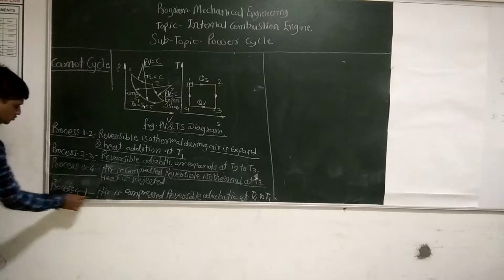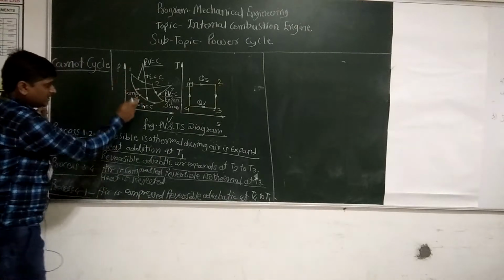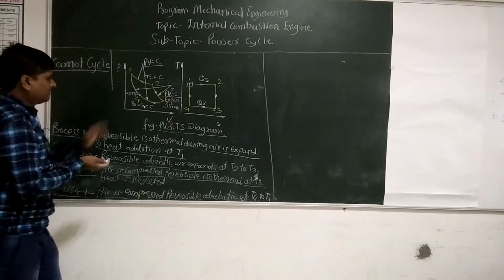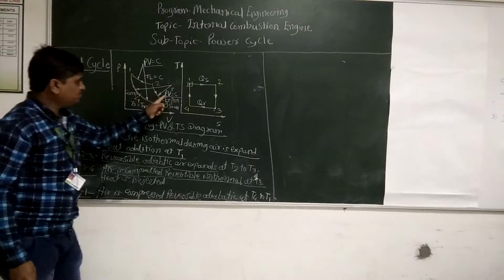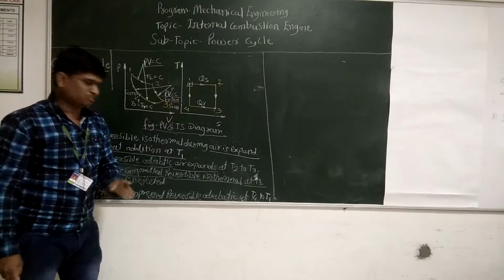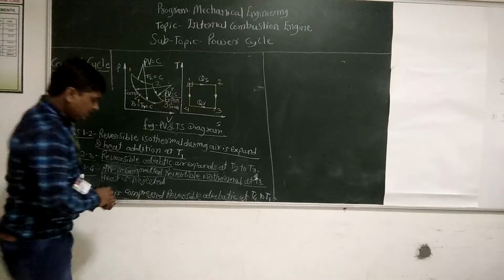The last process is 4 to 1. In it, air is also compressed, but PV raised to gamma equals C, meaning it is a reversible adiabatic or isentropic process.